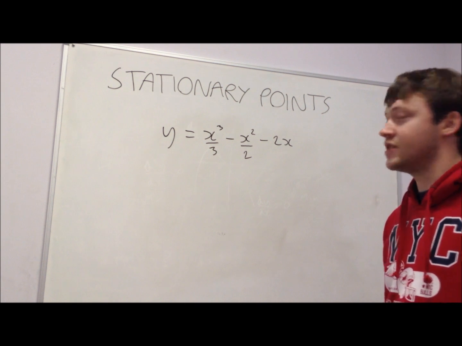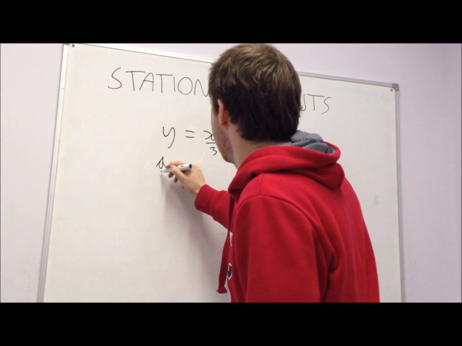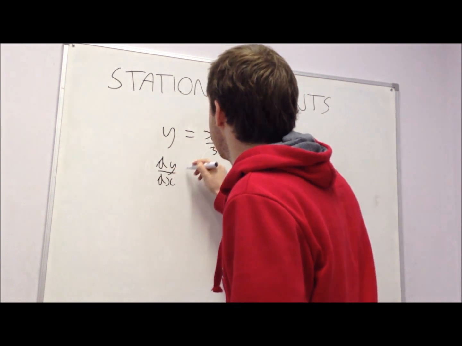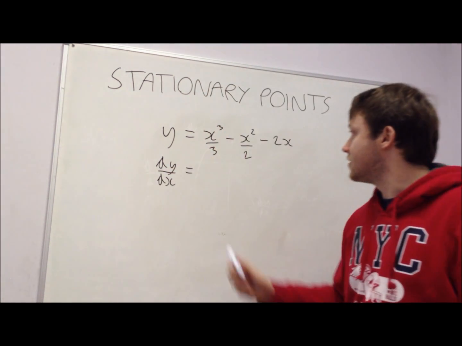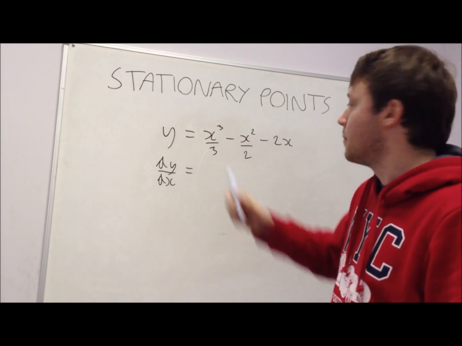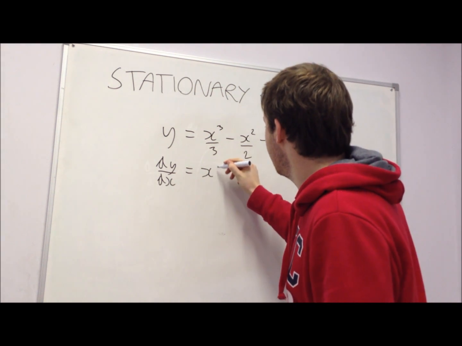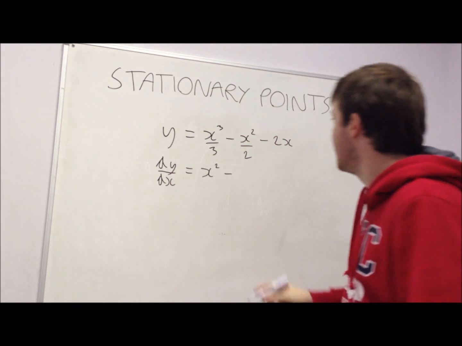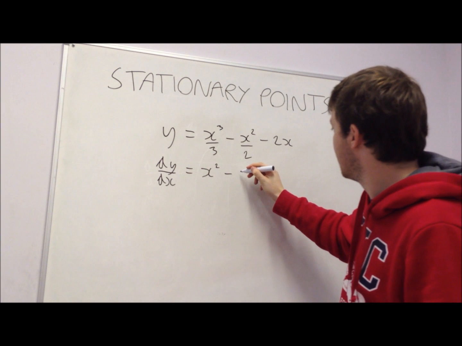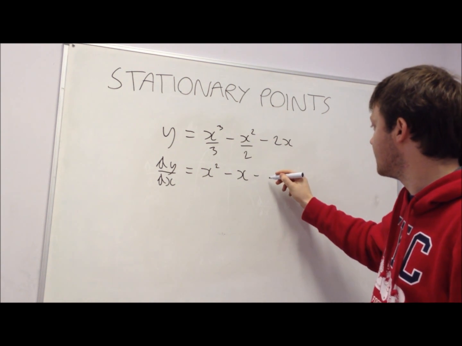So initially we have to differentiate. And write dy dx equals, and then just differentiate as we have done previously. So that will become 3x squared over 3, which just cancels down as x squared. Similarly, that will become 2x over 2, which cancels to x, and then this just becomes 2.